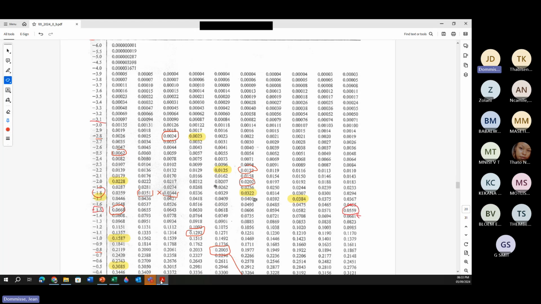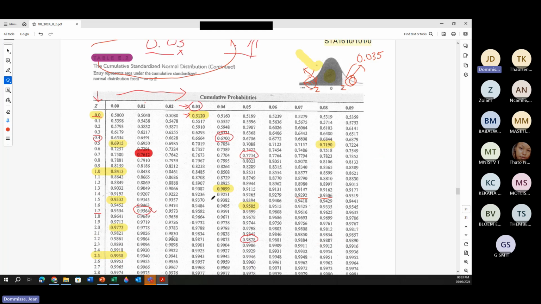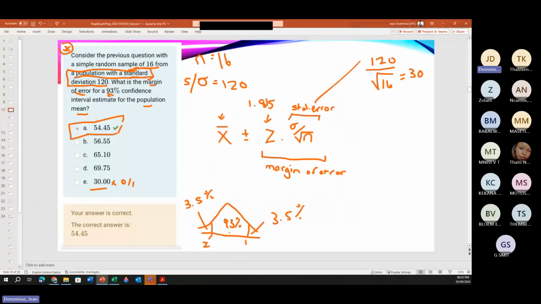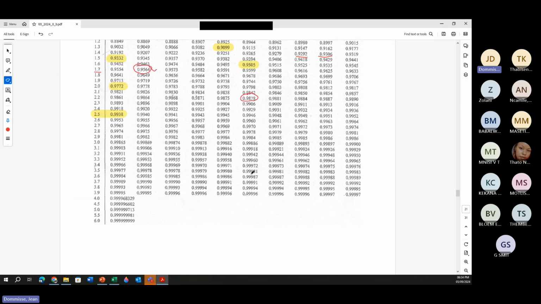1,815. If we wanted to look at the positive side, we needed to look at 96.5, or then 0,965.